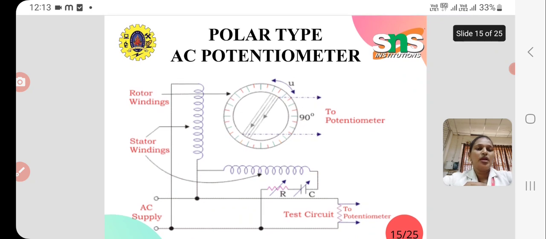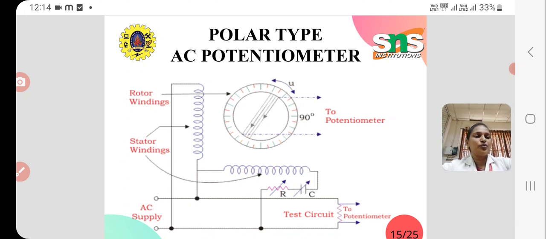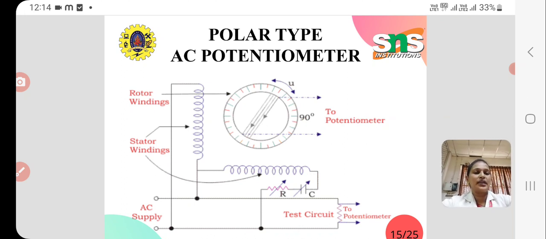So now the rotor will move because of this rotating flux in the stator windings. The movement of the rotor winding will decide the phase angle of the AC supply. This movement is proportional to the phase angle.